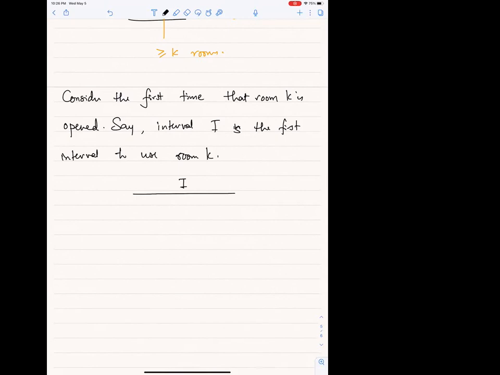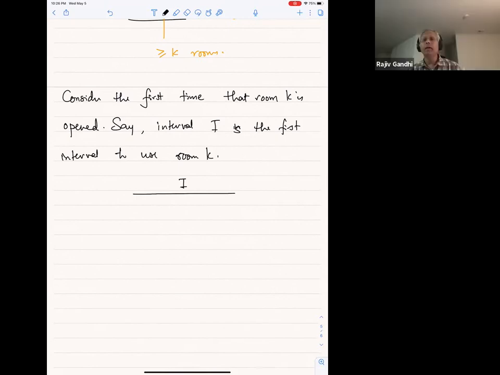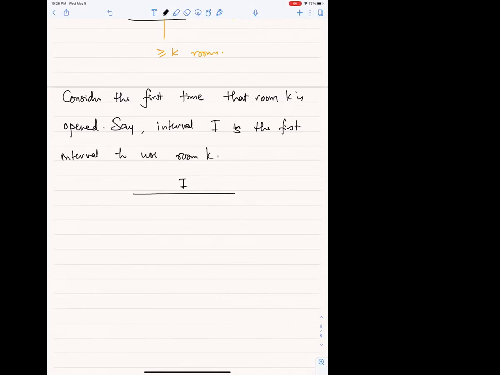Because someone was already occupying the room at the time when it started. Good. Shresht, continue. Why was I not scheduled in room 2? Because somebody was occupying room 2.